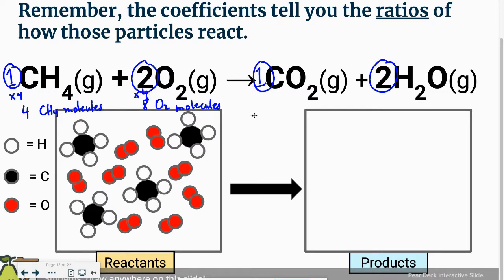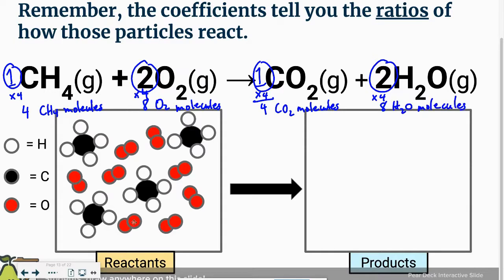Okay, so what I need to do is multiply each of these coefficients by 4 to get the correct number of molecules in my products. So here I should have 4 CO2 molecules. And here I should have 8 H2O molecules.